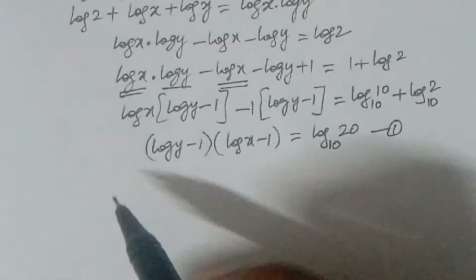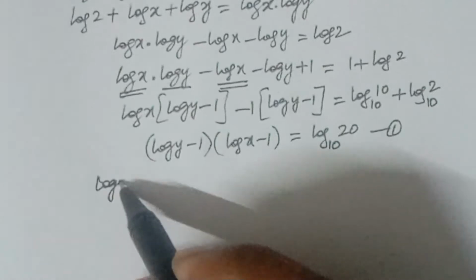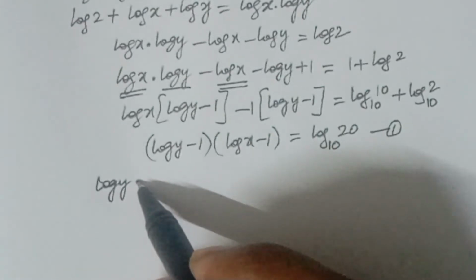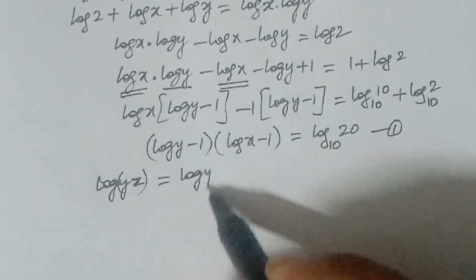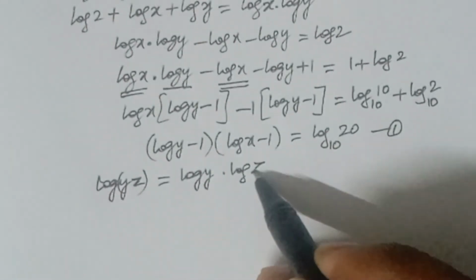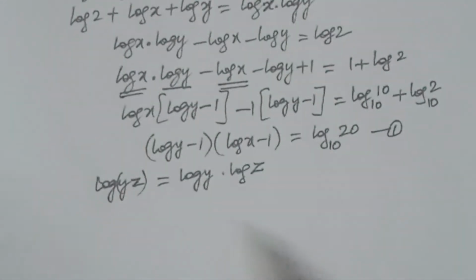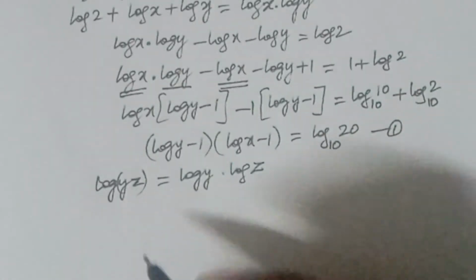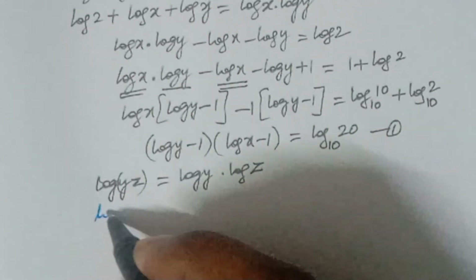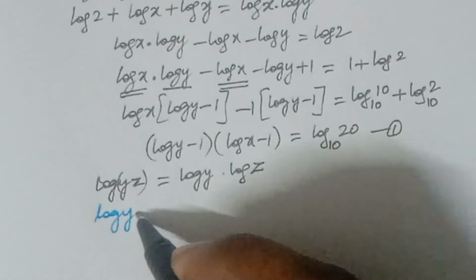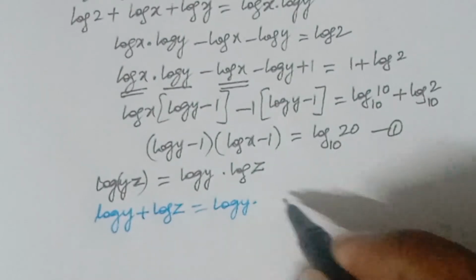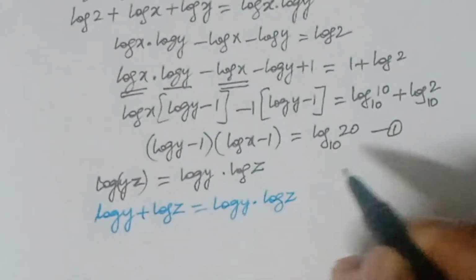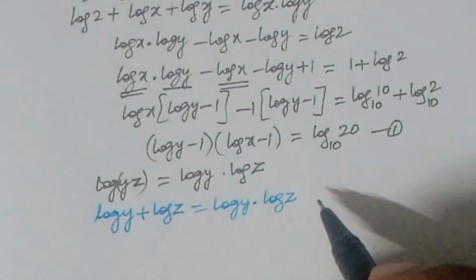Similarly, if you take the second one, log yz is equal to log y into log z. So log yz you can take as log y plus log z. Log y plus log z is equal to log y into log z. The same process, so here also we are adding 1.